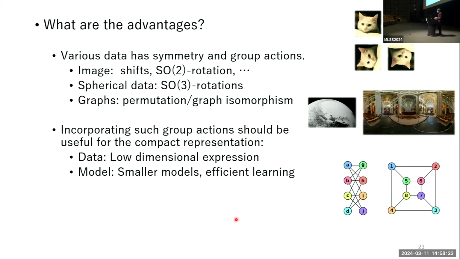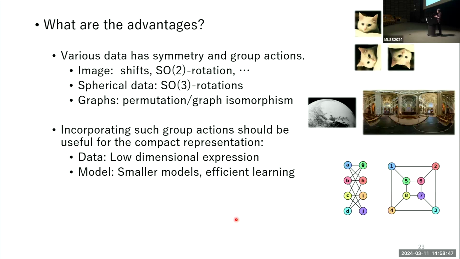And incorporating such type of group action and symmetry into the machine learning methods should have various advantages. Especially, this method considers compact representations in some sense.